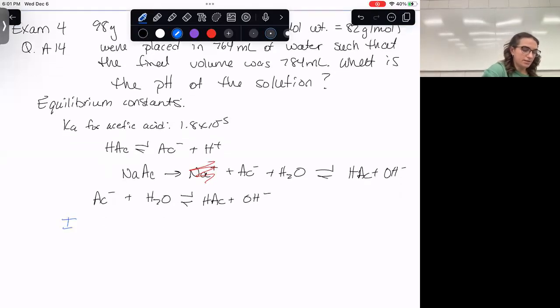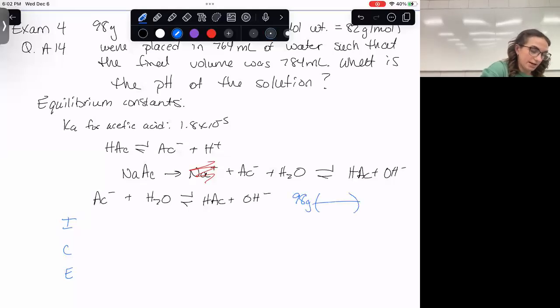We now have an ice table situation, but what do we not have right now? We don't have a starting concentration. Can we find a starting concentration? How do we do that?